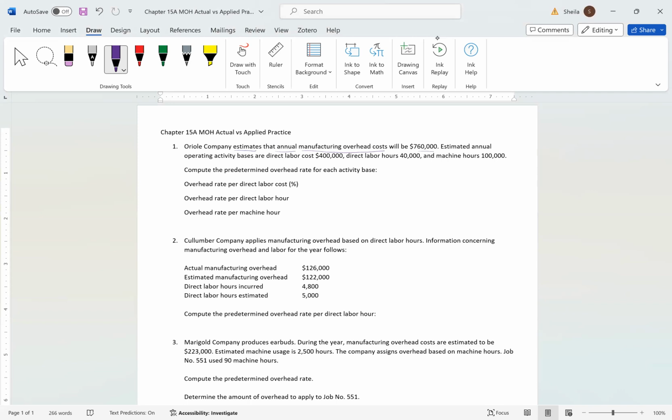So step one, we compute this thing called the predetermined overhead rate. Now we're going to do this three different ways with three different activity bases. Now keep in mind, this is all under the traditional costing method. And so for job costing, it's direct labor focused.